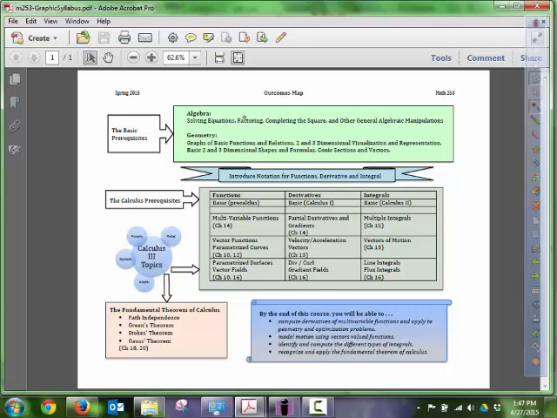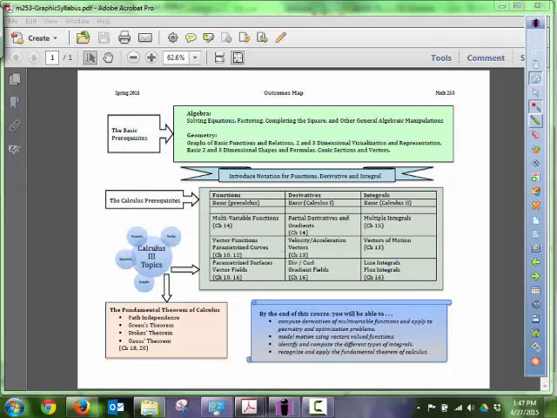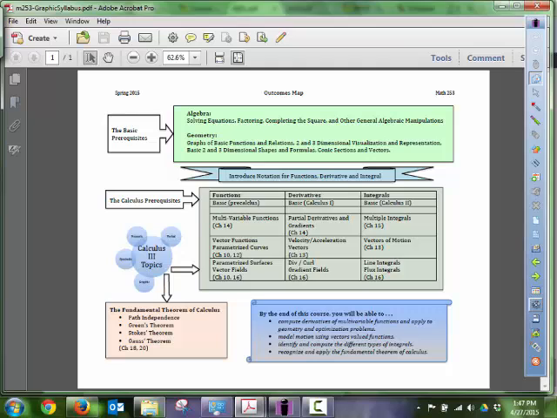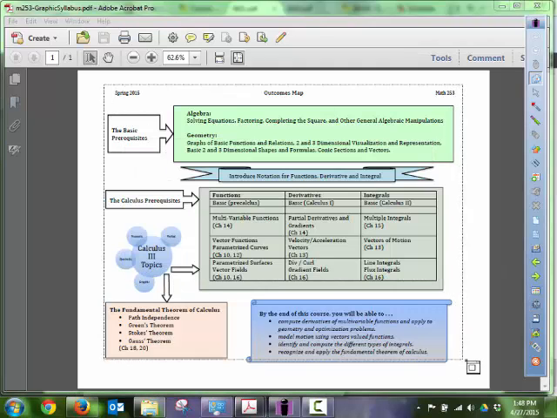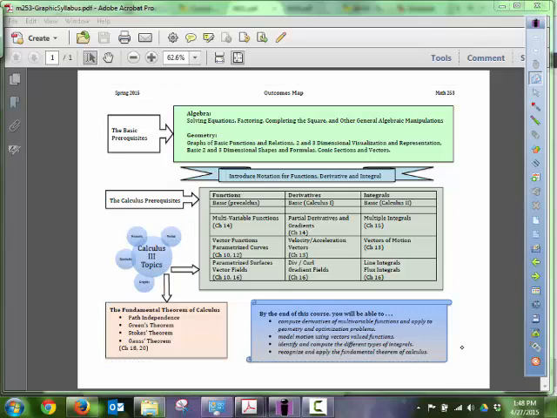But our graphic syllabus is kind of like our graphic representation of our pathway to happiness in this class.